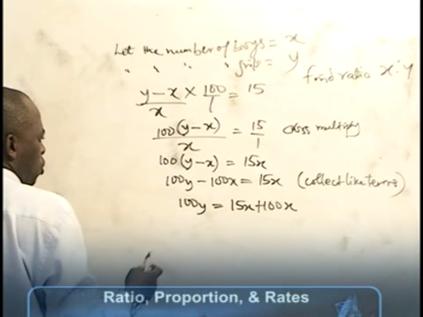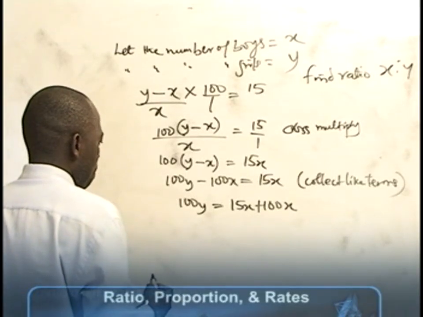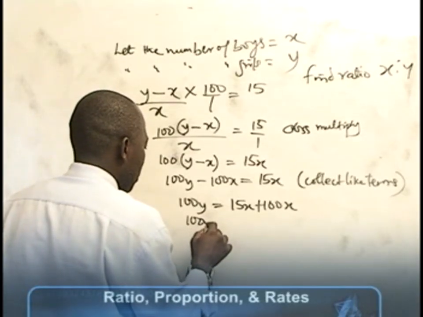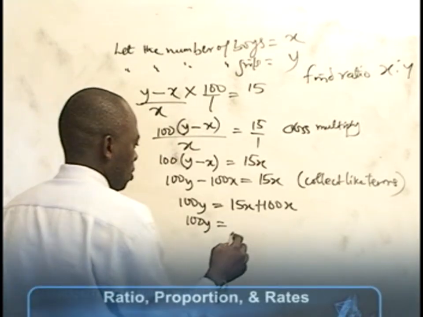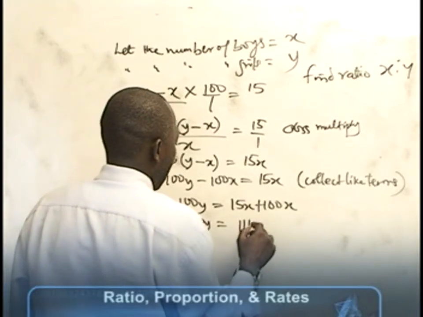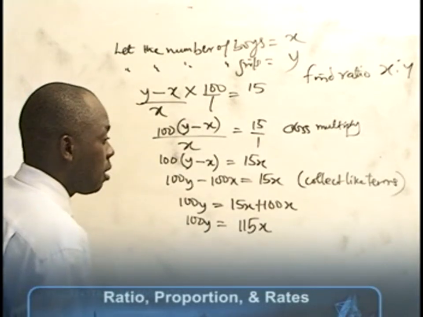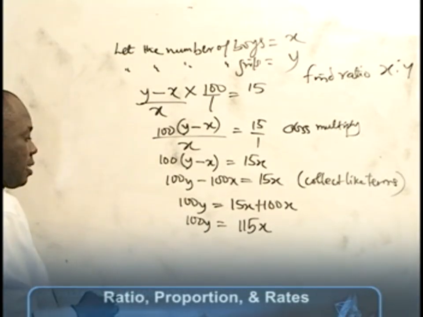If you collect like terms, that's what you're going to have. Then you have 100Y equals 115X.